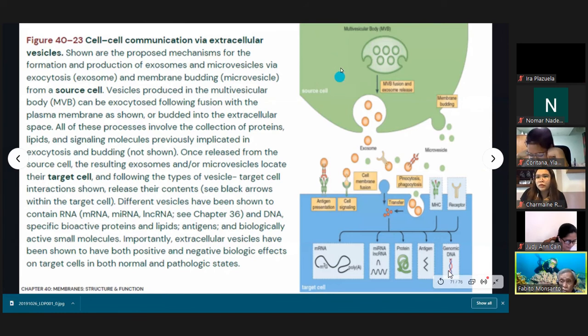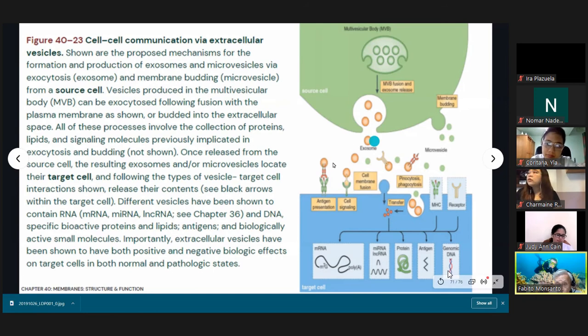The source will produce these materials here, also some materials, and then we have different receptors.